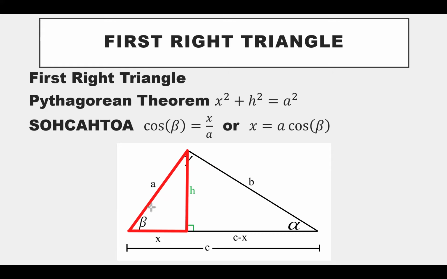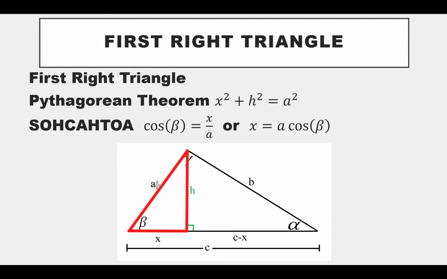Now we can also apply SOHCAHTOA to this situation as well. Since we have a right triangle where we have beta here, I want you to notice that cosine of beta is defined as the adjacent side divided by the hypotenuse.